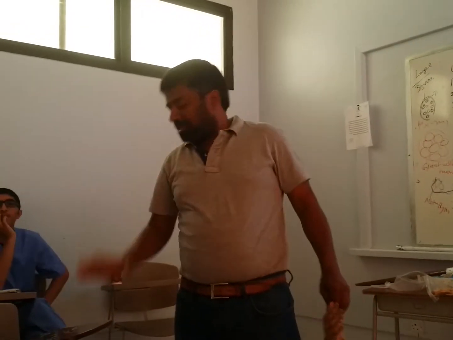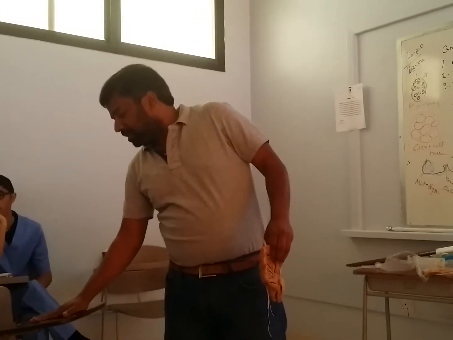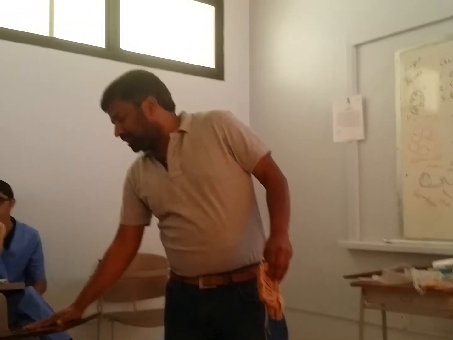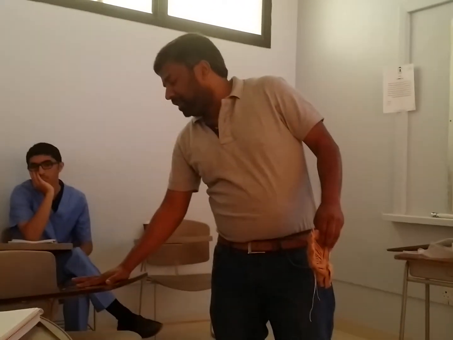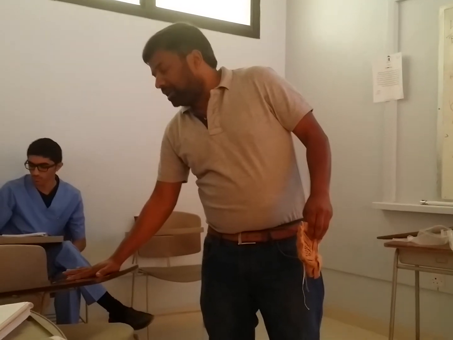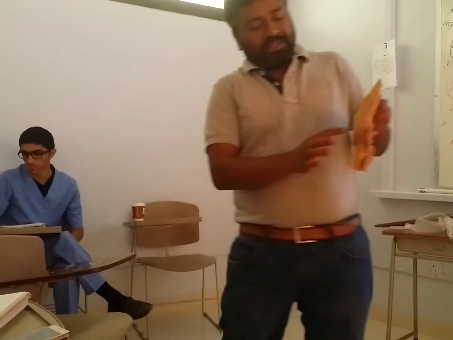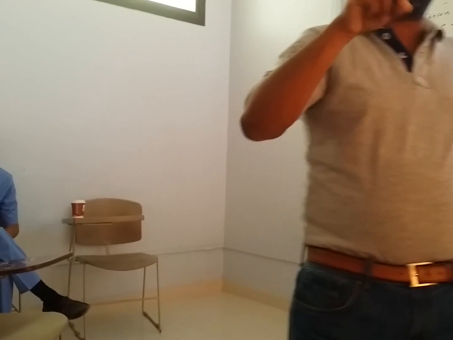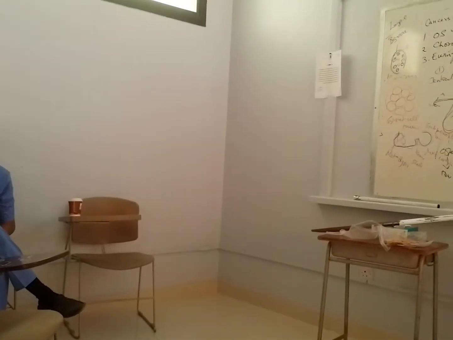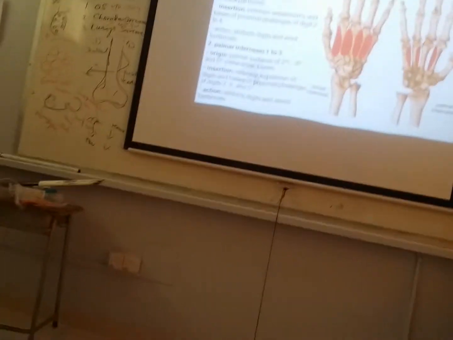Try it. Keep your hand like this and extend only one finger. Even the other finger will also follow. Why? Because these tendons are interconnected. Index you can do because you have a separate extensor, extensor indicis. No, you are putting pressure. No, you can't.